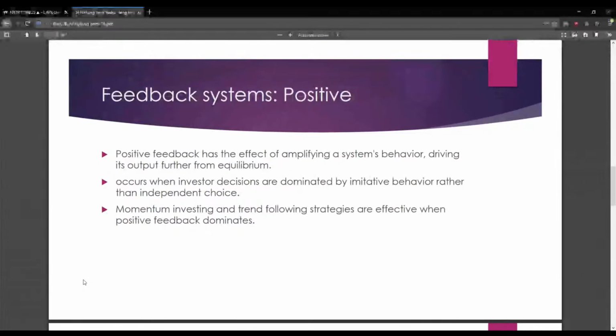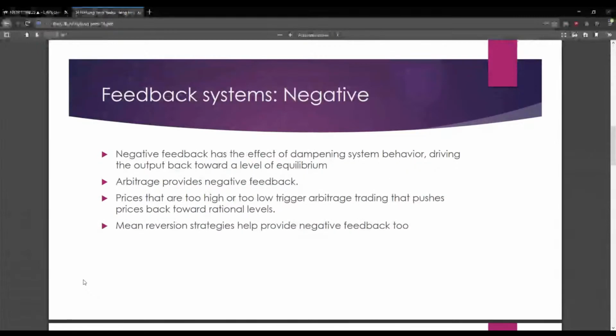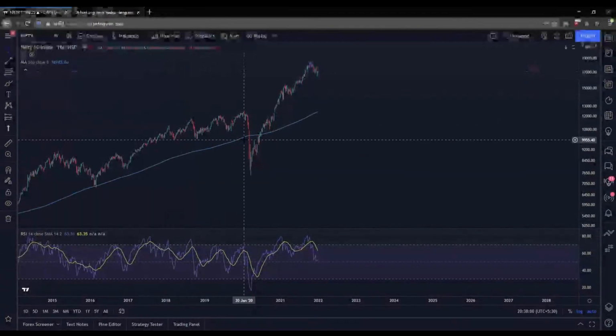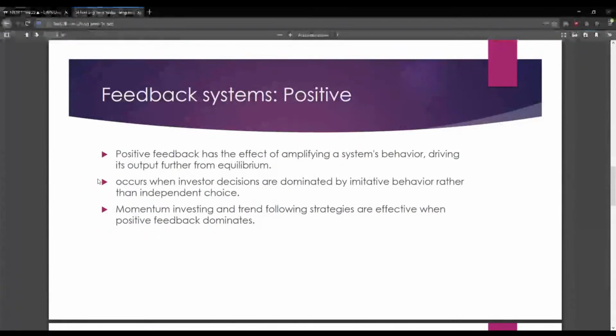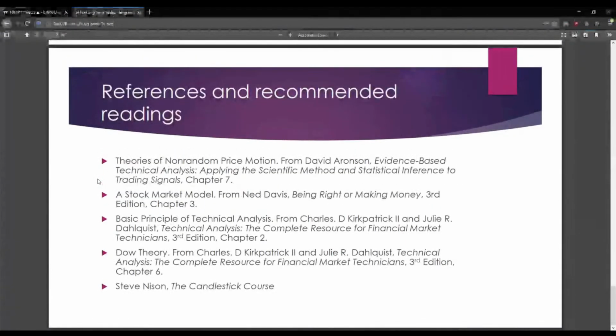And nowadays, even algos have a lot of arbitrage, so they are one of the ones that help in negative feedback systems, basically bringing Nifty back to the moving average or taking it away from the moving average. So the next bear market is still, for most purposes, a mystery, and it's good that it stays that way.